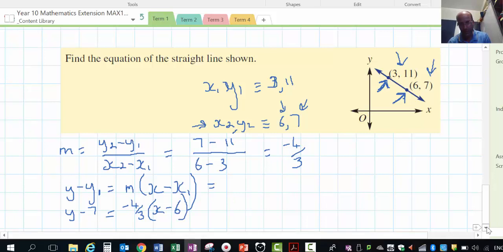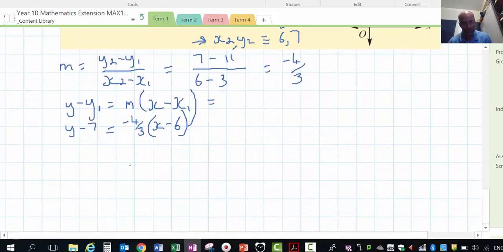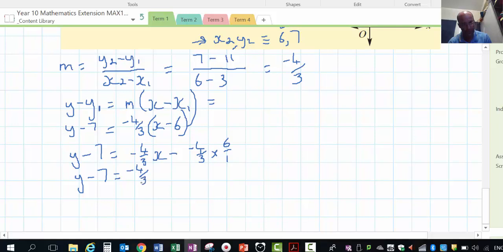So we've got y minus 7 equals negative 4/3 x minus negative 4/3 times 6, now we've got to use the distributive rule. Now 6 is 6 on 1, students, as you know.